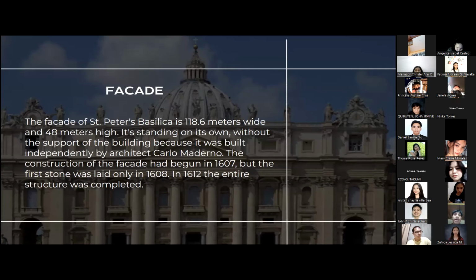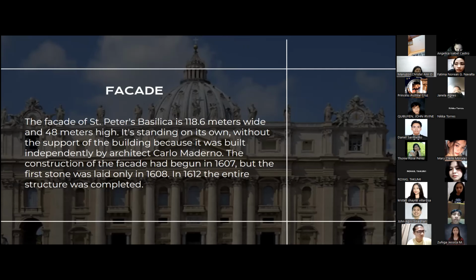So ito po yung facade. The facade of St. Peter's Basilica is 118.6 meters wide and 48 meters high. It is standing on its own without the support of the building because it was built independently by architect Carlo Maderno in 1607, but the entire structure was completed later.